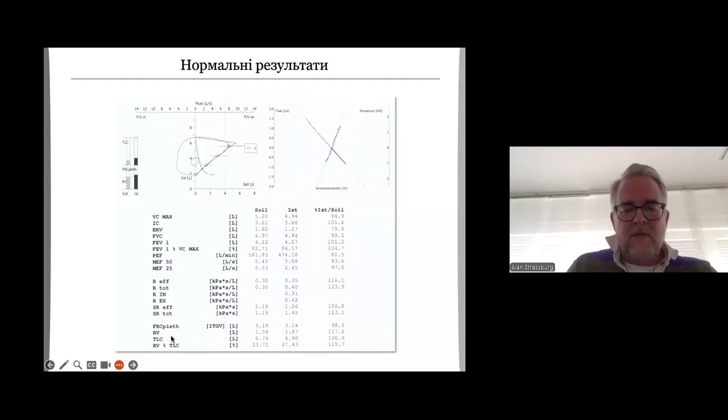Then the next volume I would like to look at is the total lung capacity, at 100%. And the vital capacity is at 95%. And as I said before, a deviation of 20% defines the border from normal to pathologic. So this is a normal lung function test, as you might very well see.